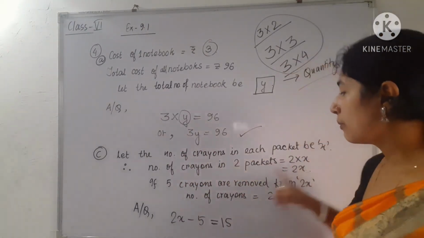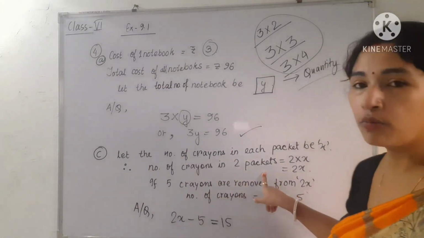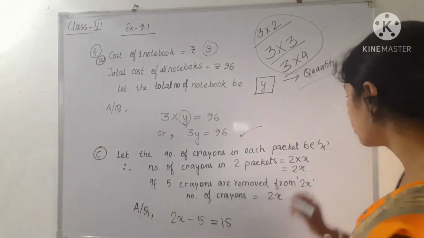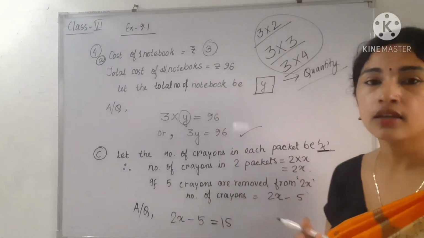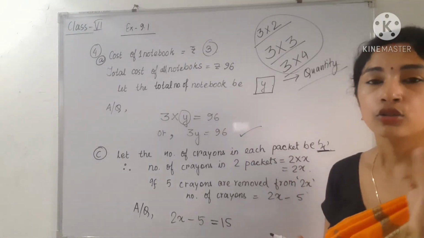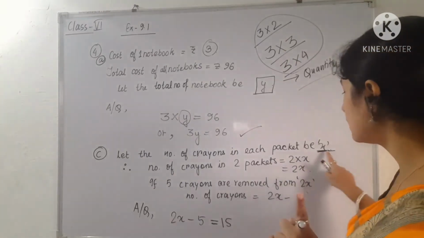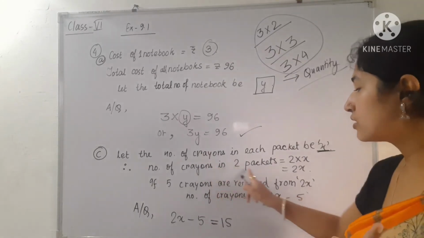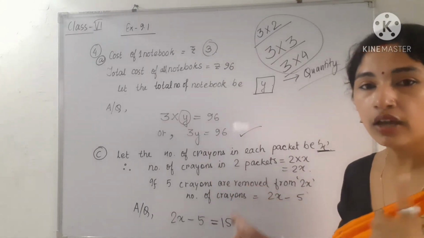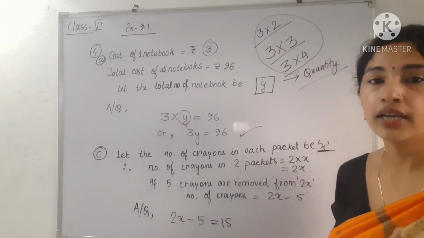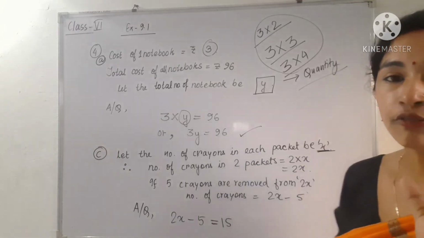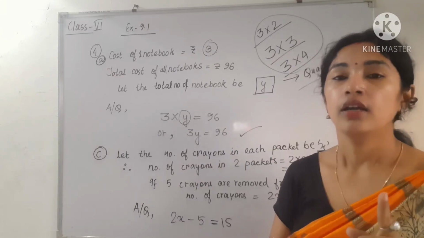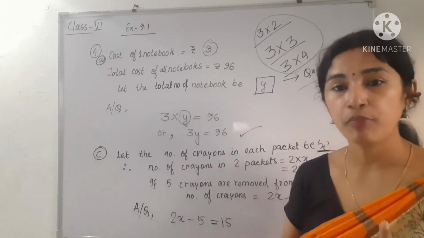So the number of crayons in 2 packets will be how much? If in one packet the number is x, this is the quantity of crayons. Therefore the number of crayons in 2 packets will be 2 into x, because we have to multiply the quantity of crayons present in one packet by the number of packets.